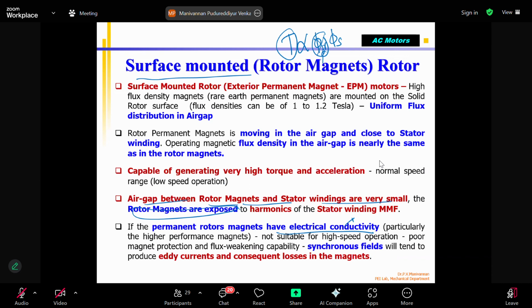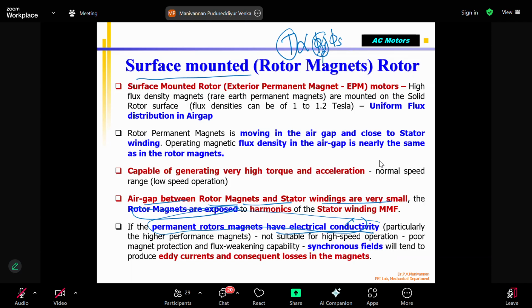Another thing, the magnetic power loss created in the permanent magnet is directly related to the RPM of the rotor. If the motor rotates at higher speed, more magnetic flux will be cut by the rotor magnets, more eddy current, more heat.